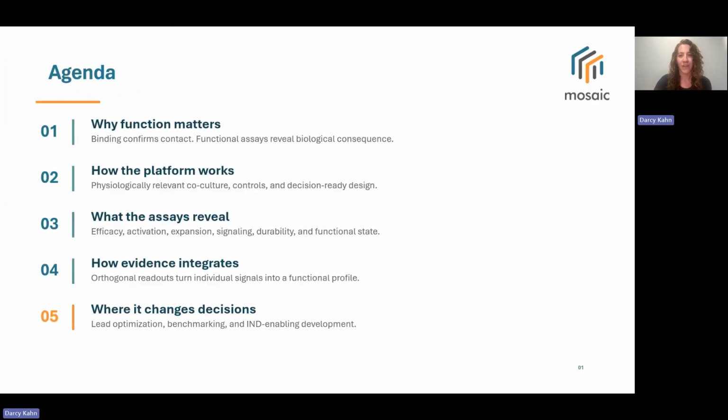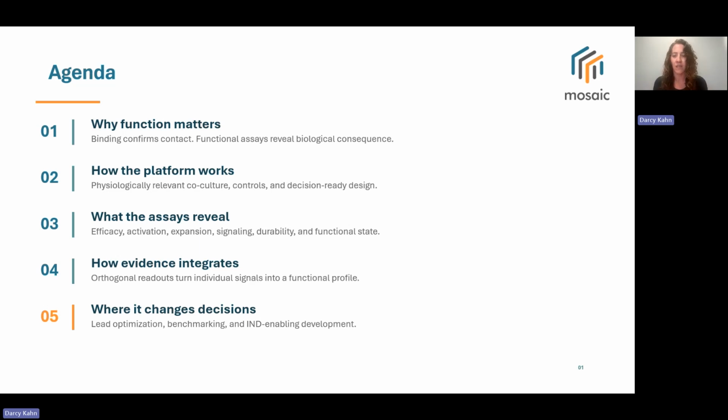All right, so quick roadmap so you know where we're headed today. We'll start with why functional characterization matters in the first place, and why it matters so much for T-cell engagers specifically. Then I'll walk through our platform and our design philosophy. From there, we'll build up a functional profile step by step.